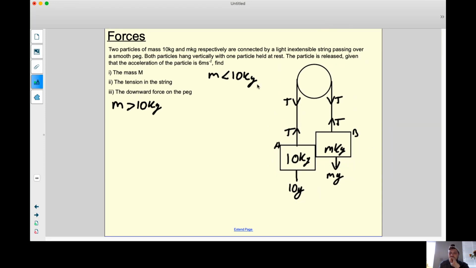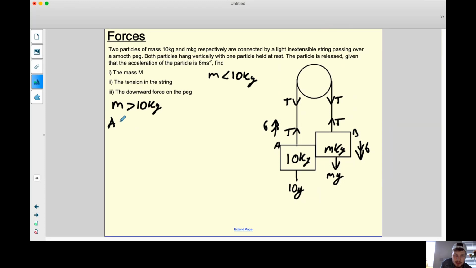If my mass is greater than 10 kilograms, then the acceleration of 6 is going to be happening down on this side, and up on the other side. I'm going to resolve my forces.